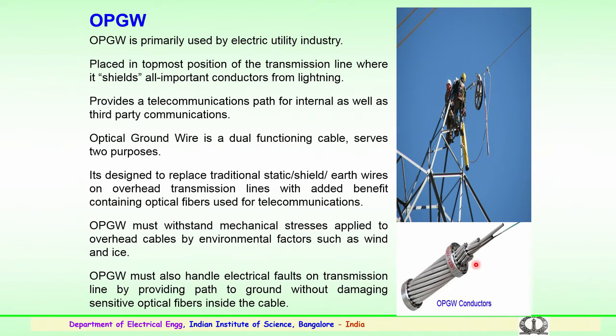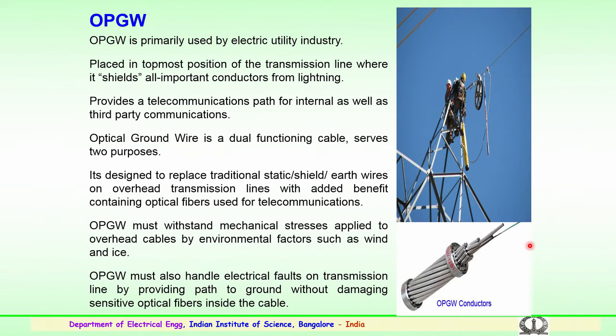It is placed in the topmost position of the transmission line or tower, where it shields all important conductors, particularly from lightning. In lightning strikes, this conductor helps the surge from the lightning or the over voltages developed to be safely transmitted to the ground through the ground earthing electrodes.